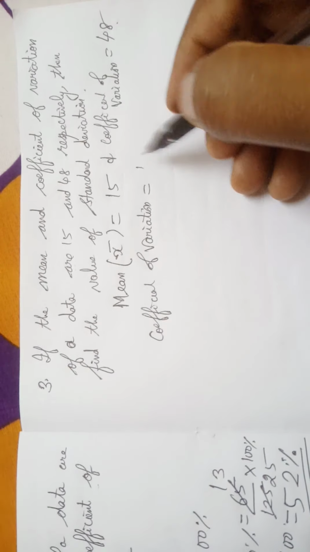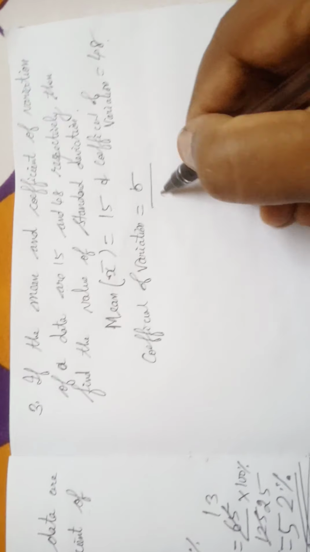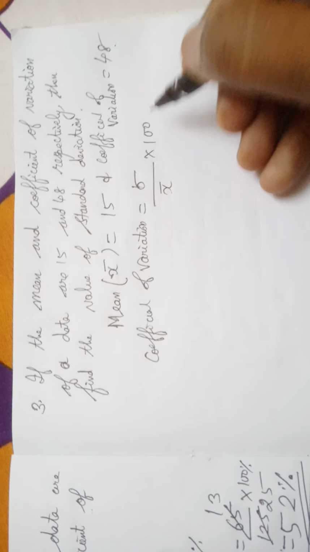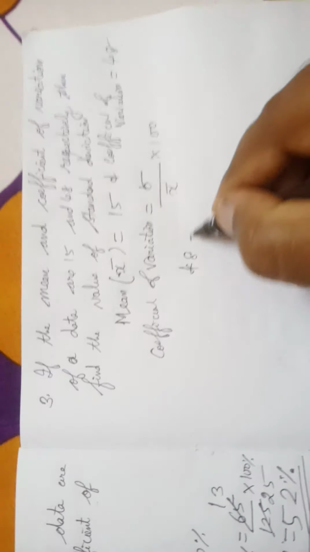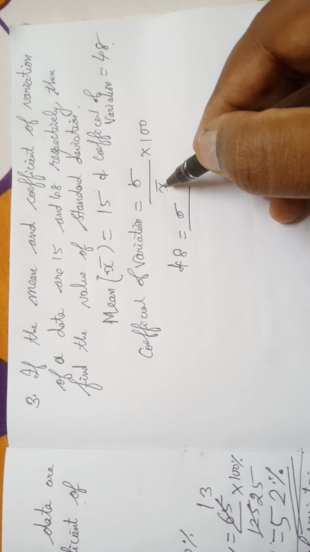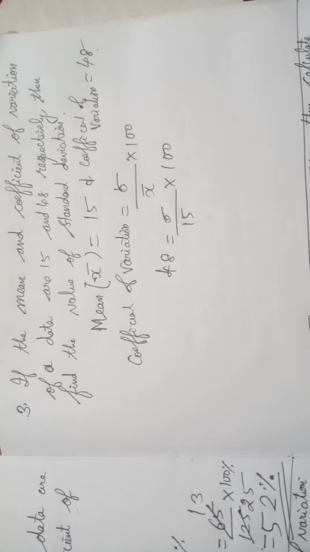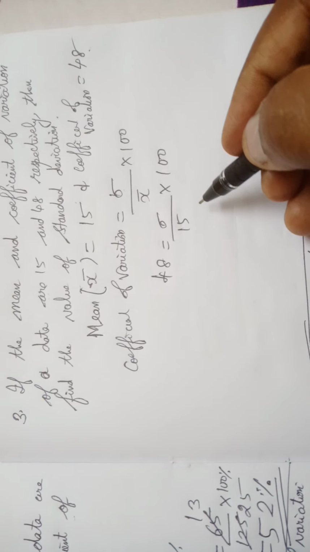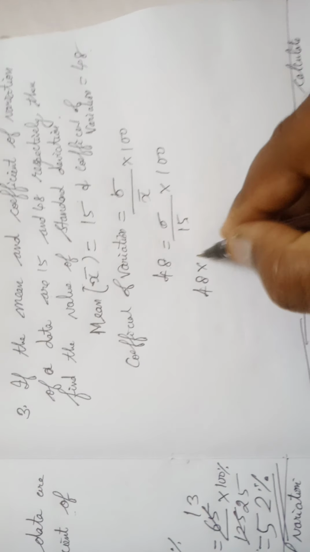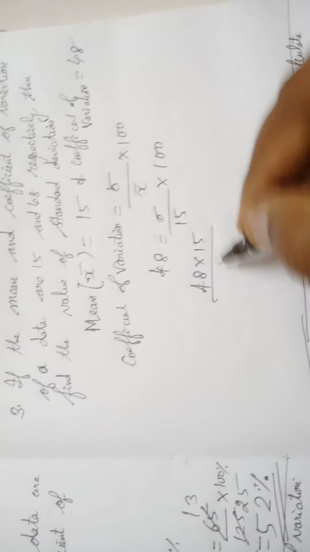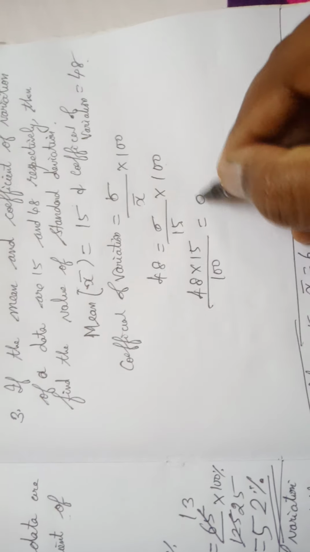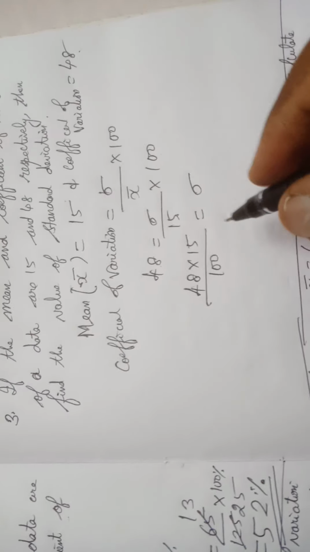So the formula is standard deviation by mean into 100. So 48 equal to, we need to find the value of the standard deviation, by x bar, which is 15 into 100. So 48 into 15 by 100 equal to standard deviation.